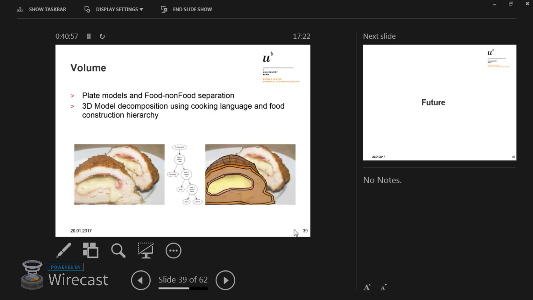If we know this, then we should be able to transform it into separate 3D models for each of the components. And that gives us a much finer granularity when we look for the nutritional content.